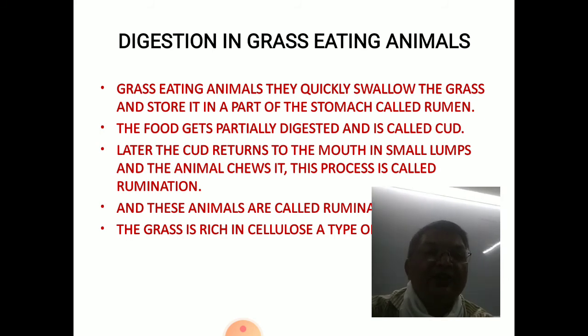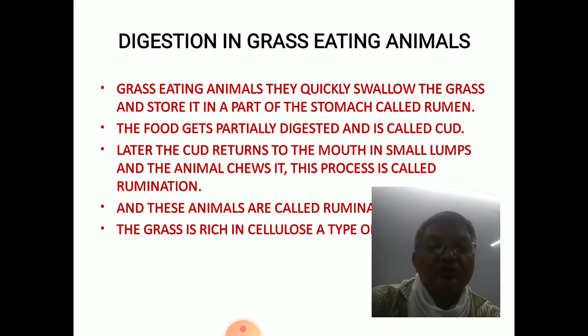Here food is partially digested, we call it cud, and later this cud returns to the mouth in small lumps, and the animal chews it.